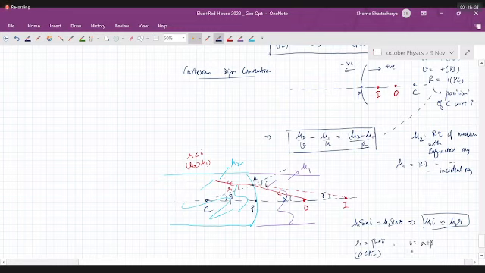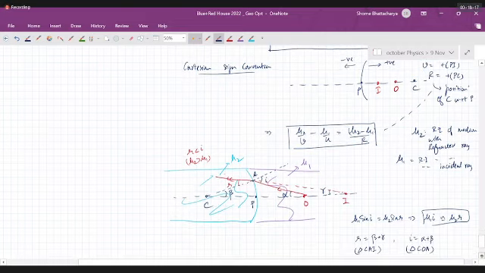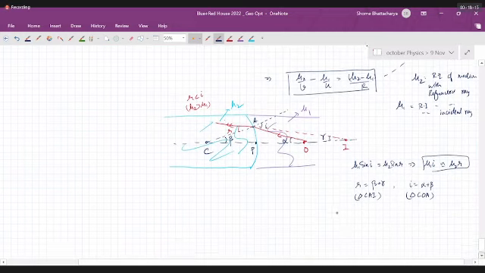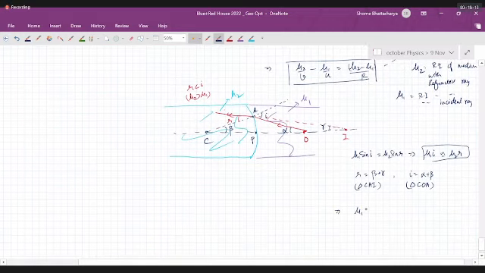This is in triangle COE. So we have mu1 into alpha plus beta is equal to mu2 into beta plus gamma. So we have mu2 gamma minus mu1 alpha is equal to mu1 minus mu2 beta.